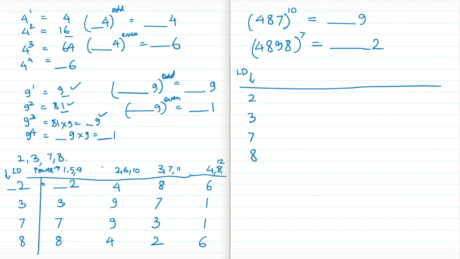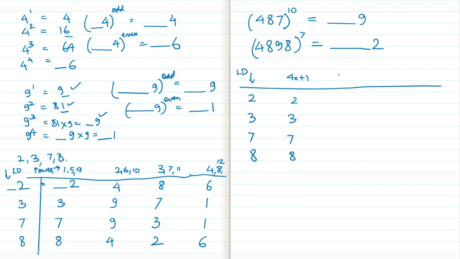Now you would notice that 1, 5, 9 are all in the form 4n plus 1, right? So if I can divide the power by 4 and find that the remainder is 1, then the last digit of the answer is going to be 2, 3, 7, and 8.